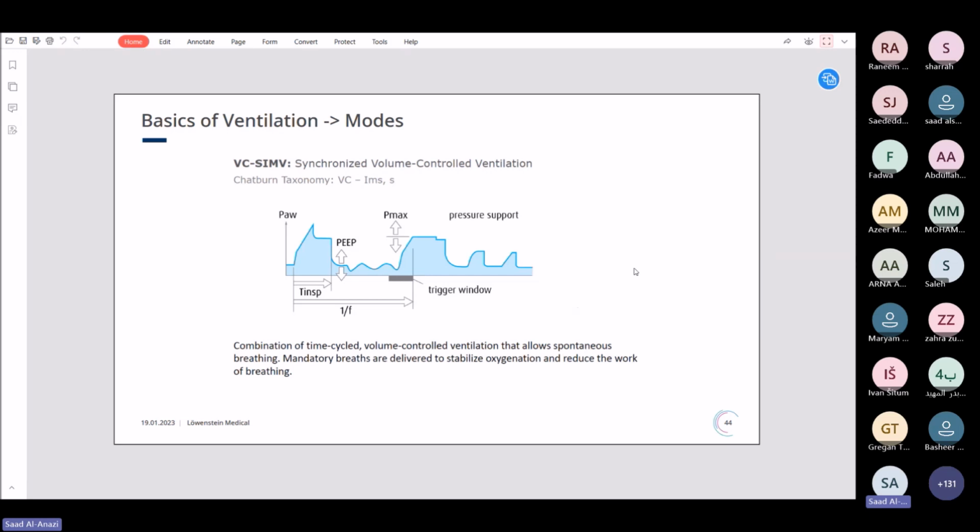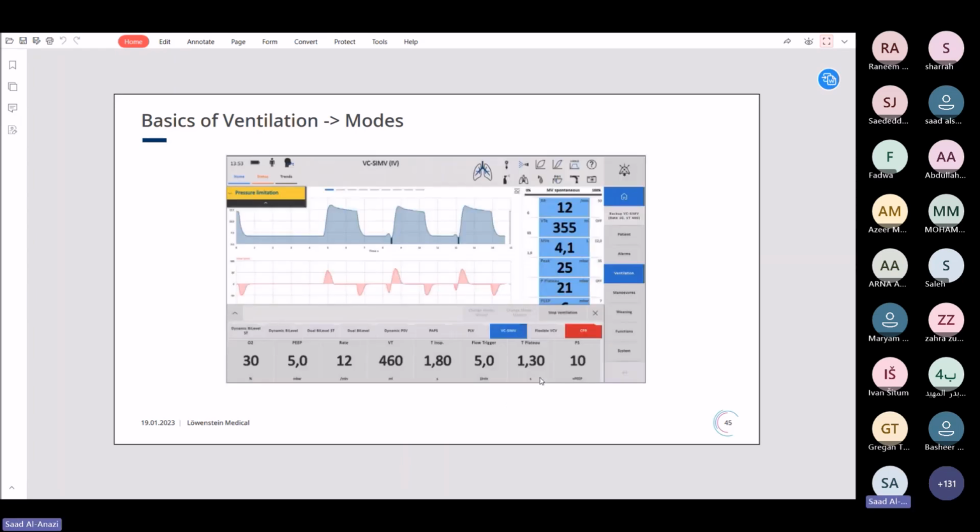It's the first stage of the weaning process, helpful for patients to stabilize the oxygenation and reduce the work of breathing. As you see here, you can find volume control SIMV from the ventilation mode, and you can select all the settings that you are looking for, plus the pressure support for the spontaneous breathing.